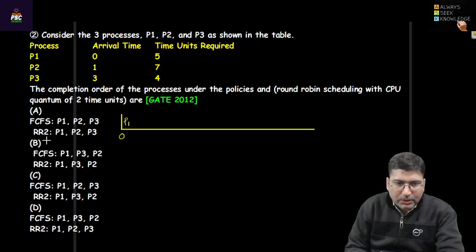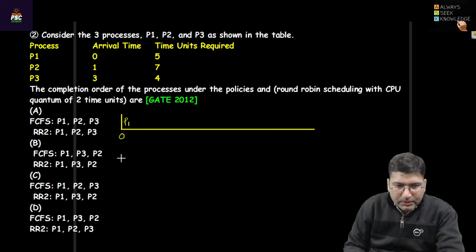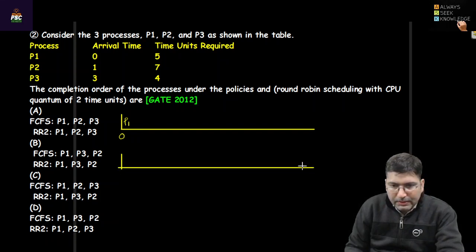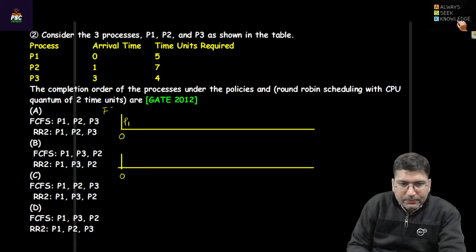Here we are applying two algorithms, first come first serve and round robin. So let's draw two Gantt charts. First one for first come first serve, second one for, let's say, round robin. So here I am writing FCFS and here I am writing RR, round robin.